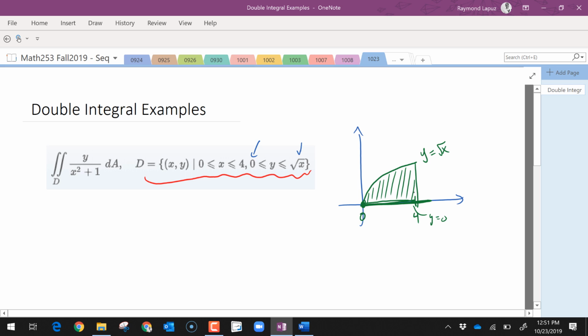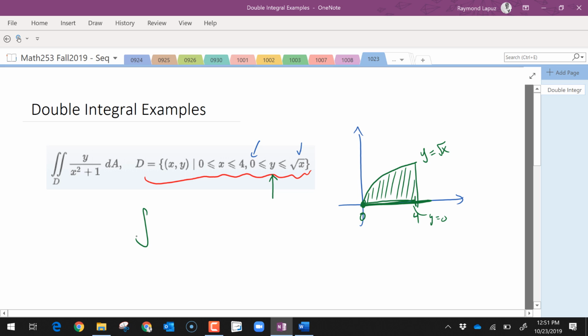If we were doing this using Plot3D, we would say that we have y as a function of x, y equals f of x, and then we'd have the top function and the lower function, and then we have constant limits for the other variable. And so the setup is going to look like this. I'm going to integrate with respect to y first.